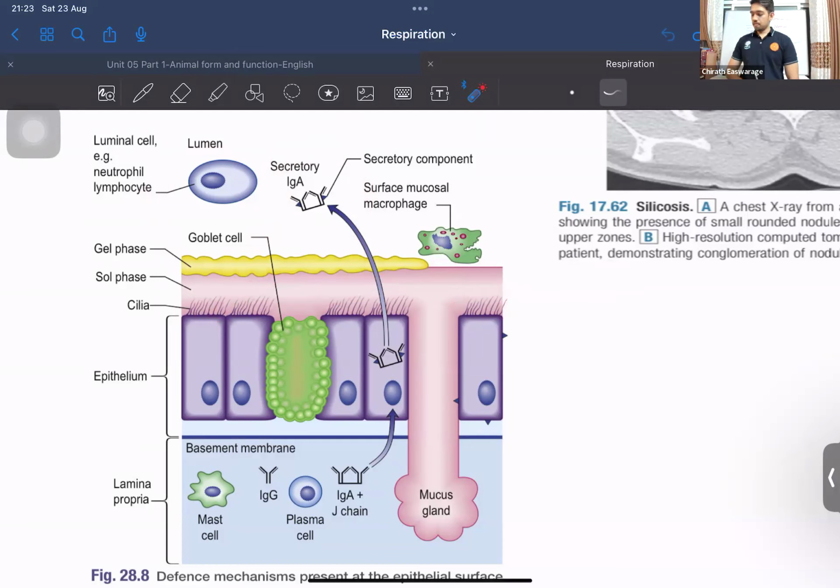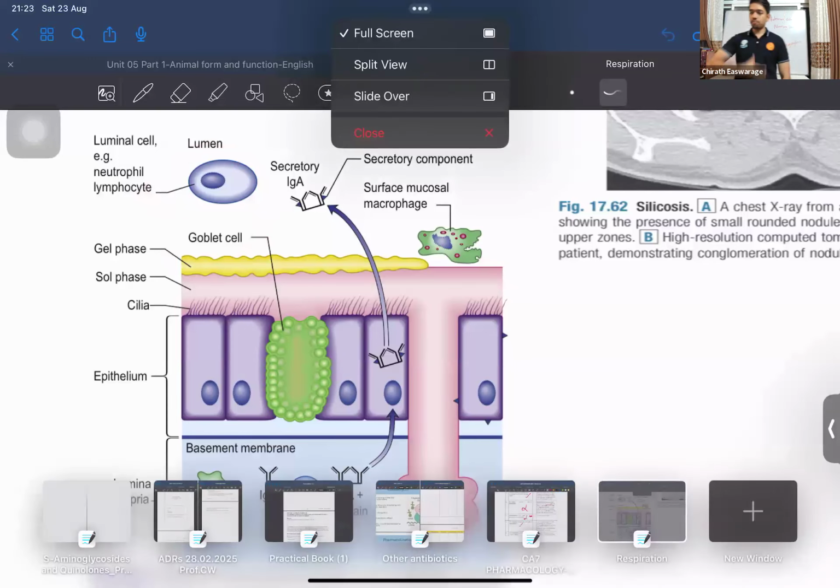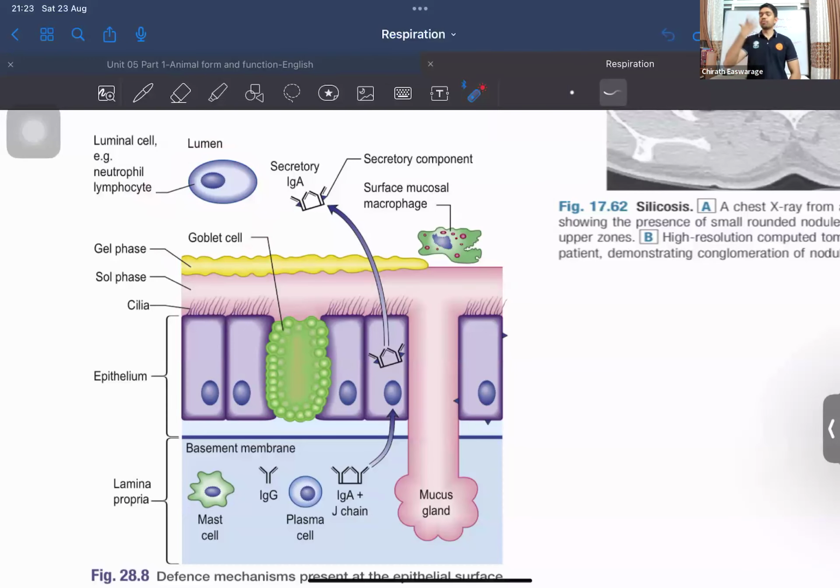What is the direction? Upwards. Upwards means what? Towards your pharynx, in the throat. In the throat, what is going to happen? That dirt, that mucus, the dust, bacteria, everything is going to be swallowed into your esophagus. It is going to go into your stomach. But the stomach is a dangerous place for these bacteria.